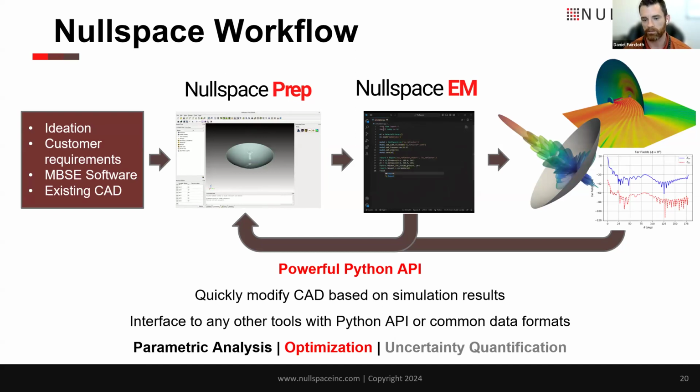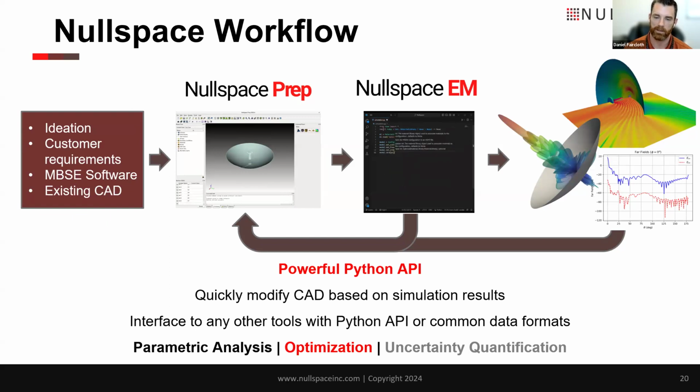And then through our Python API, you can visualize your results in any format that you like, whether it be radar cross-section, directivity, gain, VSWR, return loss, what have you. All of that data is available.